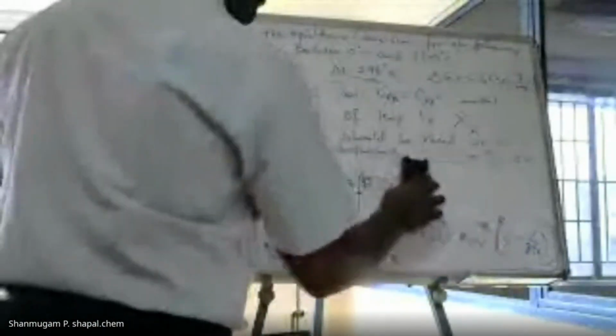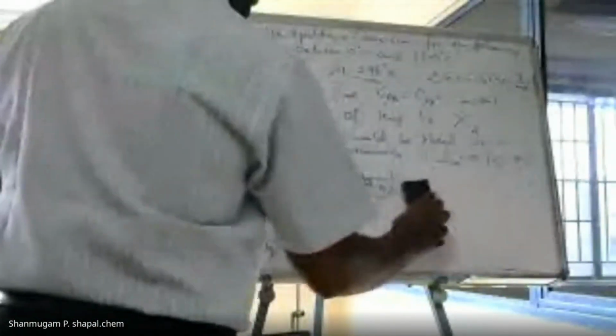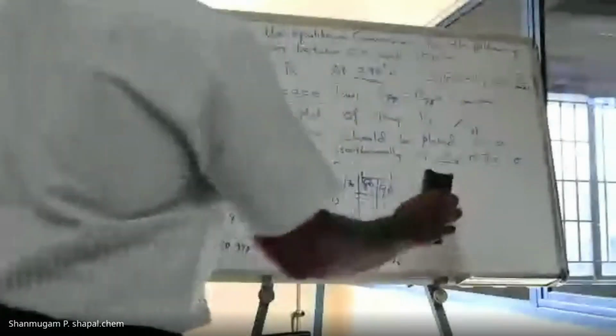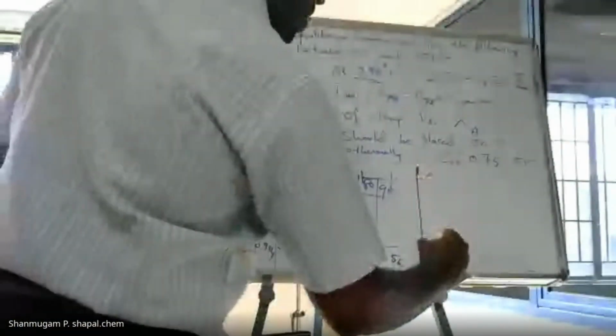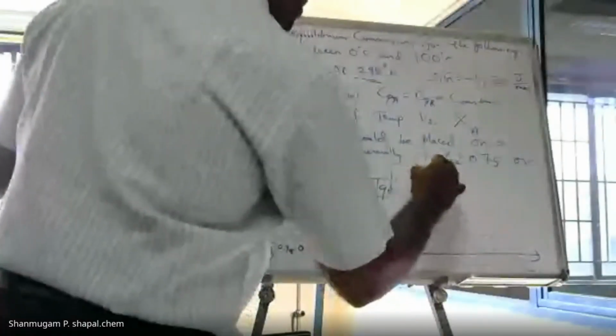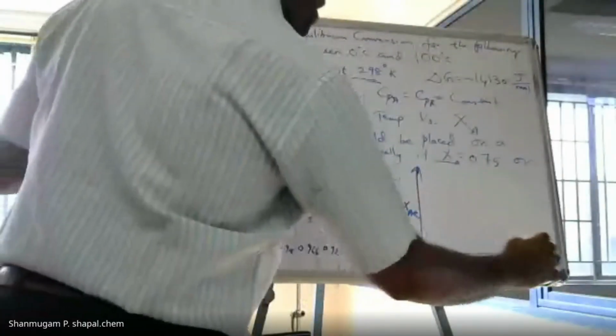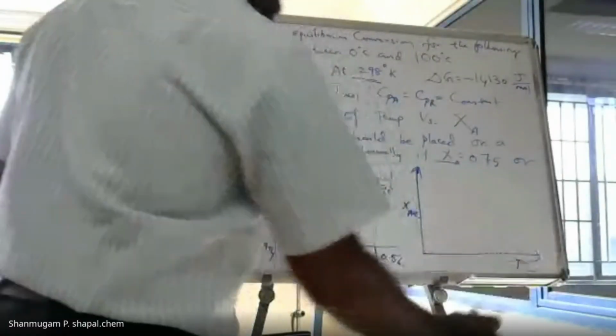Once you get this, you draw the graph of XAE versus temperature. With 600 and 1 here and 0.5, the points will be like this.